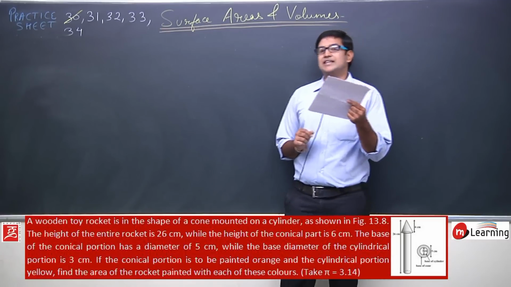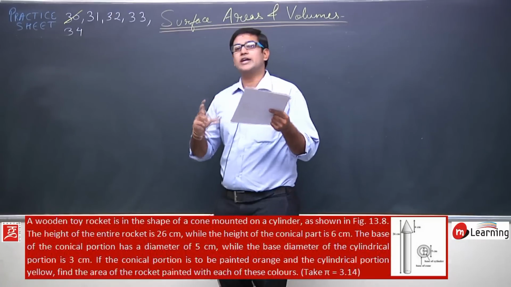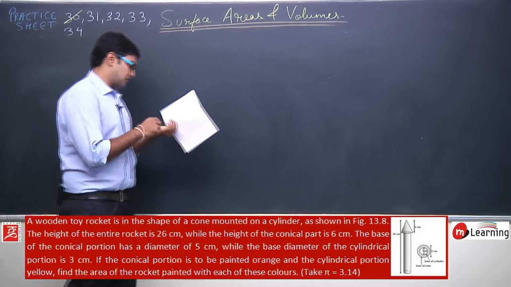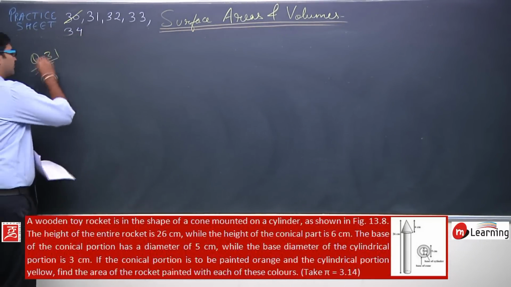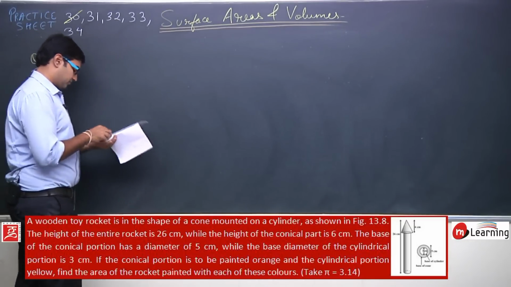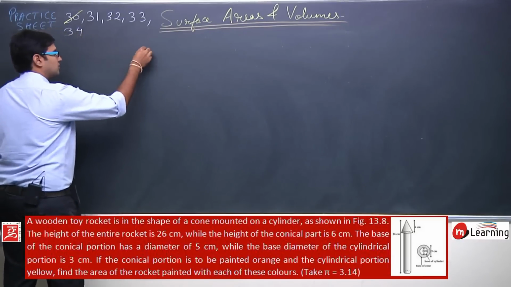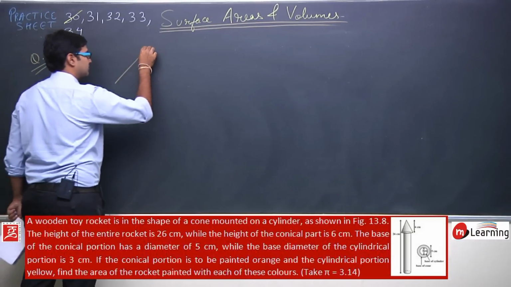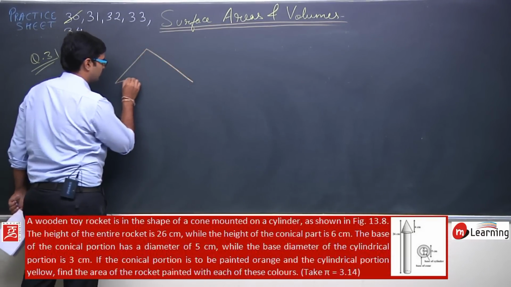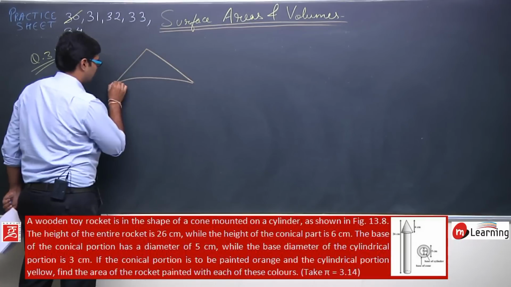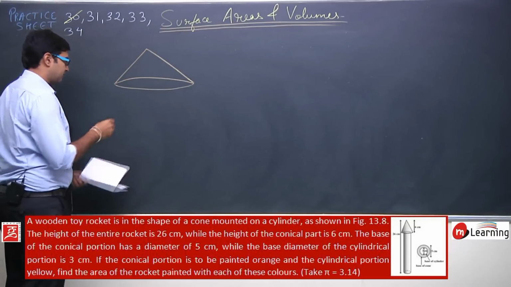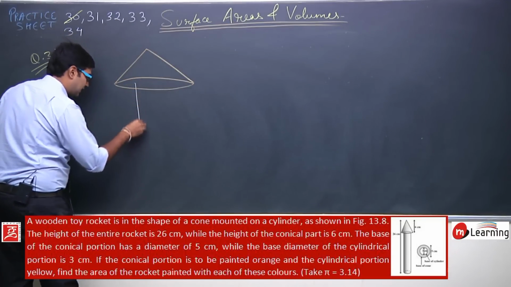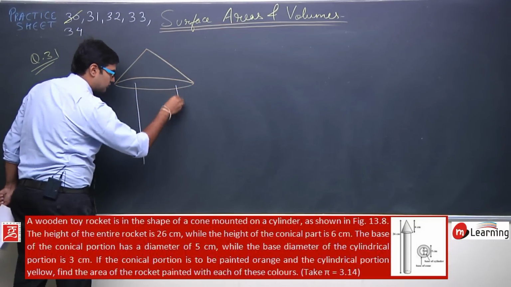Okay, so what it says is that for this toy rocket, let us draw the diagram first. The diagram is something like this. This is the conical top of this rocket, and we have a cylindrical base of this rocket.